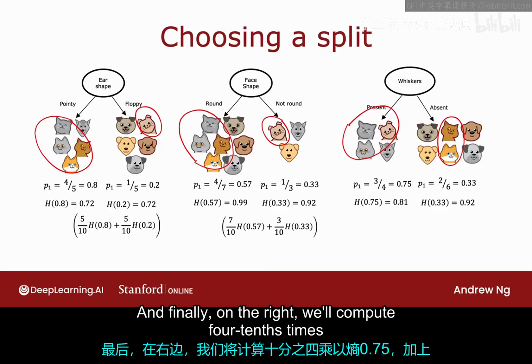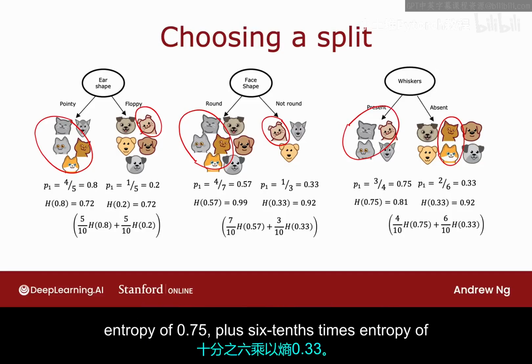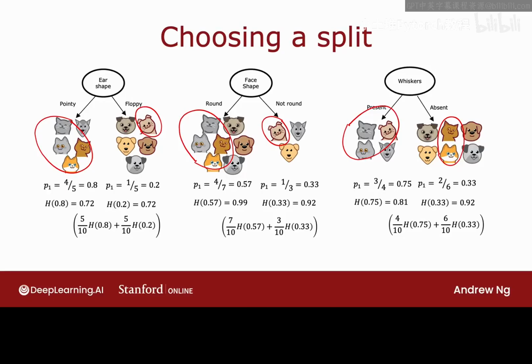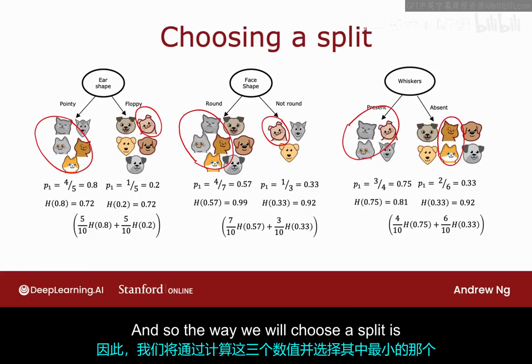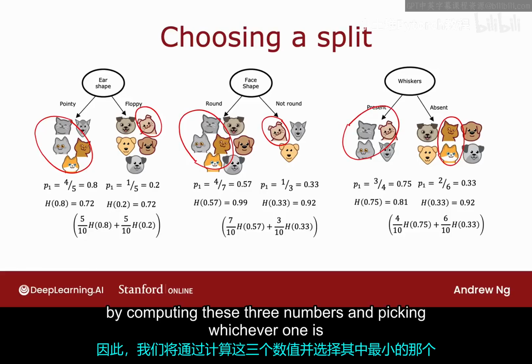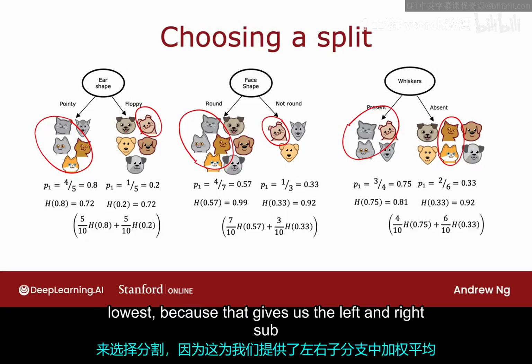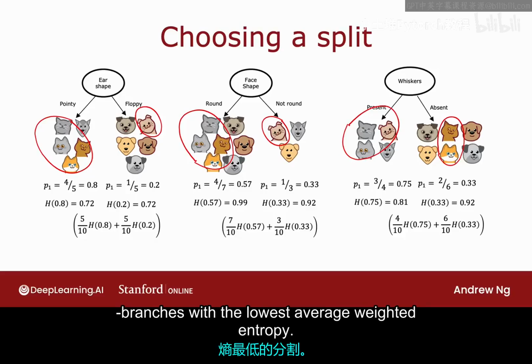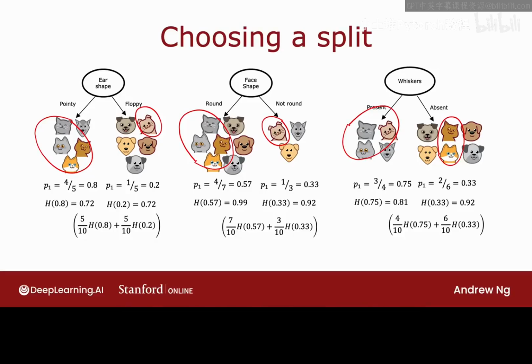And finally, on the right, we'll compute 4/10 times the entropy of 0.75 plus 6/10 times the entropy of 0.33. And so the way we will choose a split is by computing these 3 numbers and picking whichever one is lowest, because that gives us the left and right sub-branches with the lowest average weighted entropy.